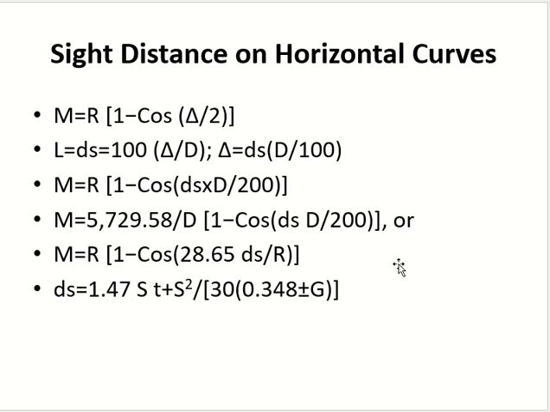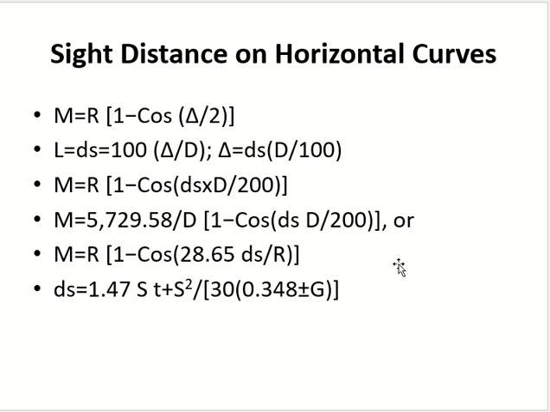Now in this equation you can see we have degree of the curve and we have the sight distance. Degree of the curve and radius have this equation between them: radius equals this. So wherever I see radius, I can replace it with this, or wherever I see d, I can replace it with this upon r.